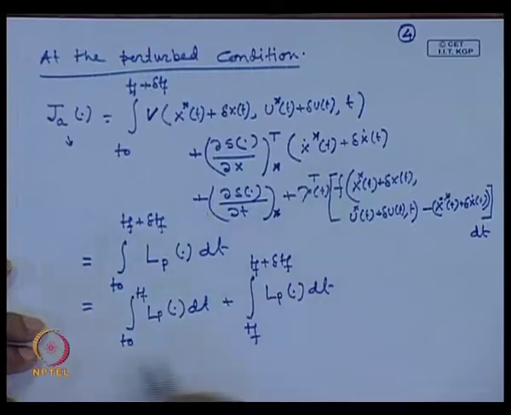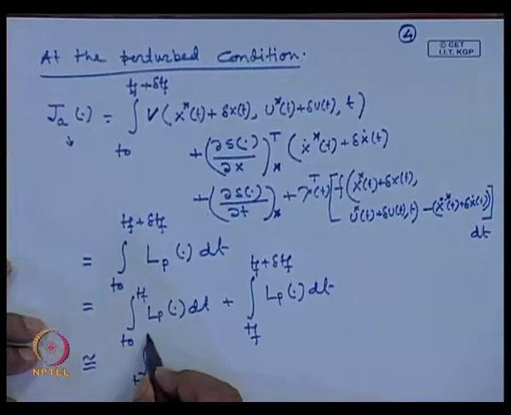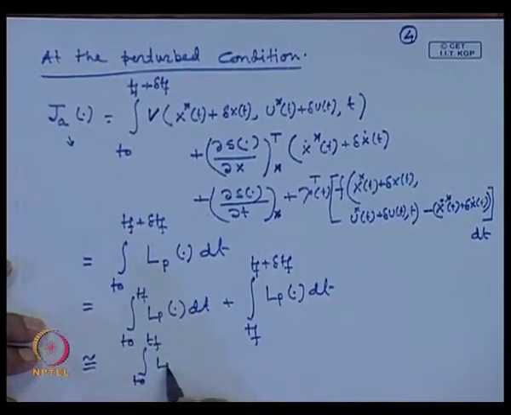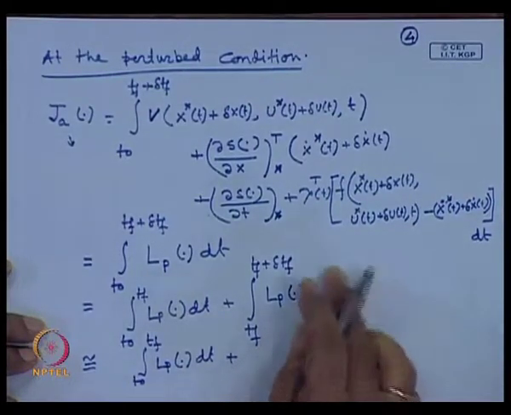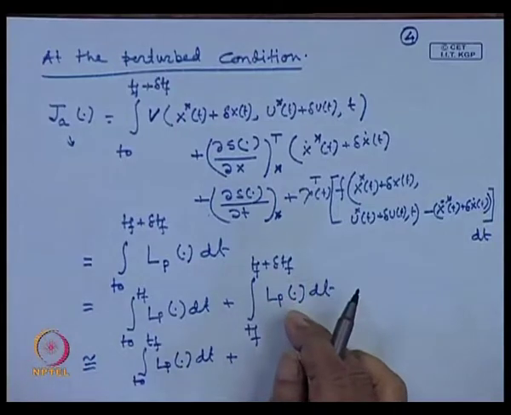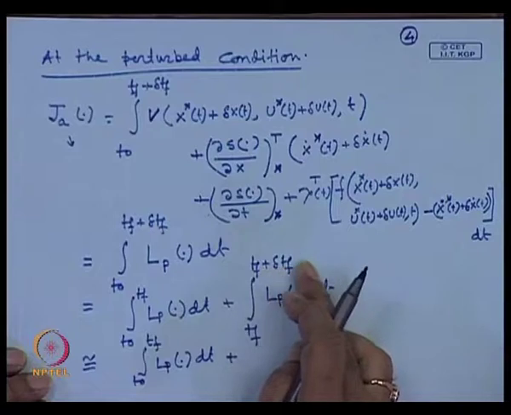So, I can write this as nearly equal to the integral from t 0 to t f of L p dt as it is, and L p is a scalar functional, and the second term is the area under this curve from t f to t f plus delta t f.